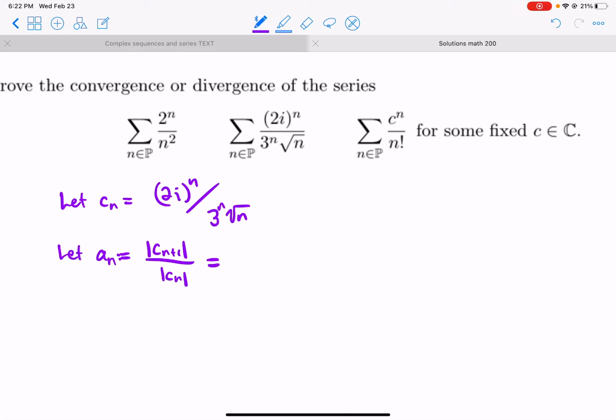So I'm just going to write 2 to the n plus 1 over 3 to the n plus 1 square root of n plus 1. Great, these are all positive, so I can just get rid of those absolute value signs, and it is still a true equality when I put the denominator. Okay, now let's get good at fractions.